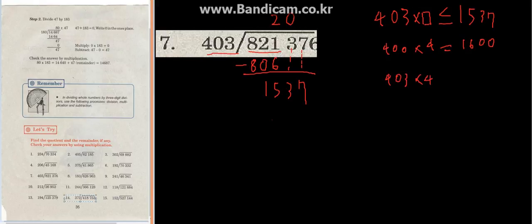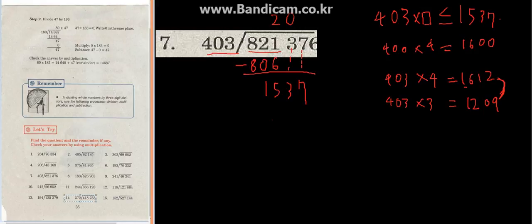403 multiplied by 4 is equal to 1612. And this is nowhere close to this number. So let's lower this. 403 multiplied by 3 is equal to 1209, and now this makes more sense. So 1537 is between these two numbers.